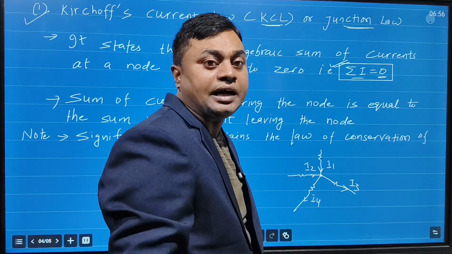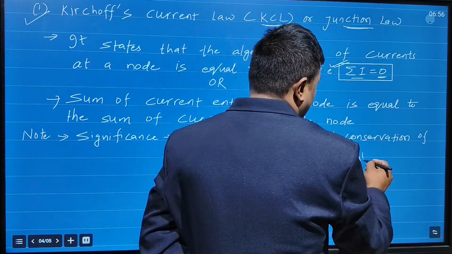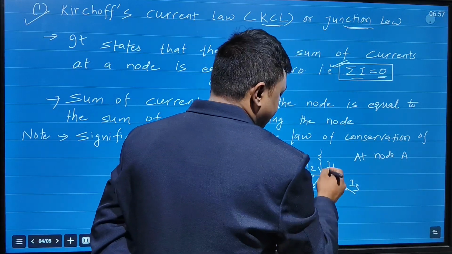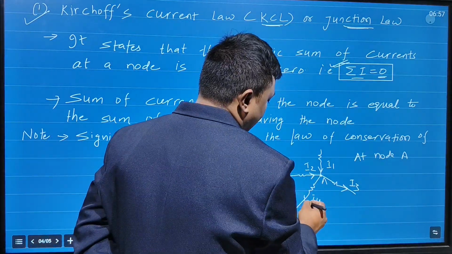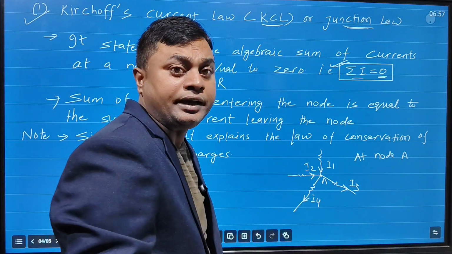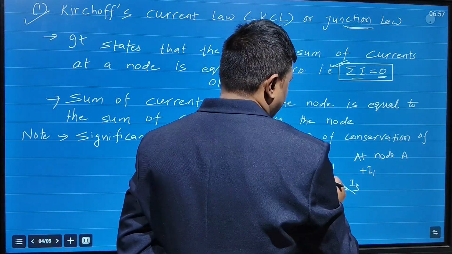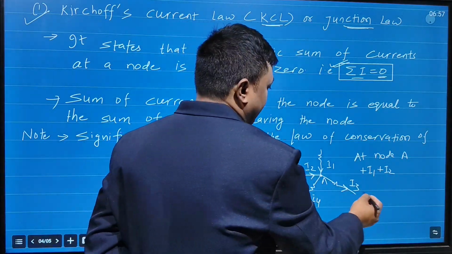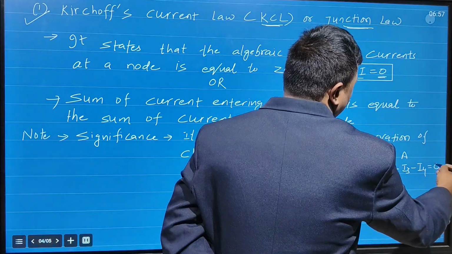If you take entering current as positive, then you can write plus I1 plus I2, and leaving current you can take as negative, so minus I3 minus I4 is equal to 0.